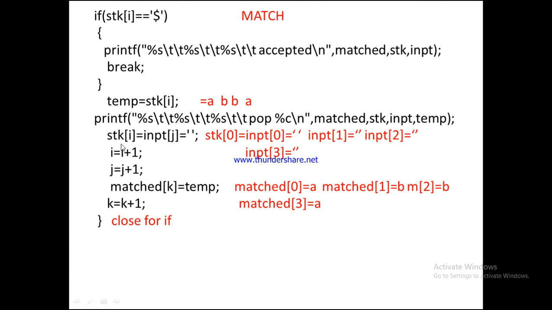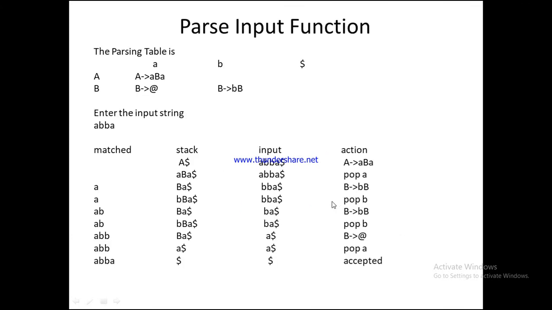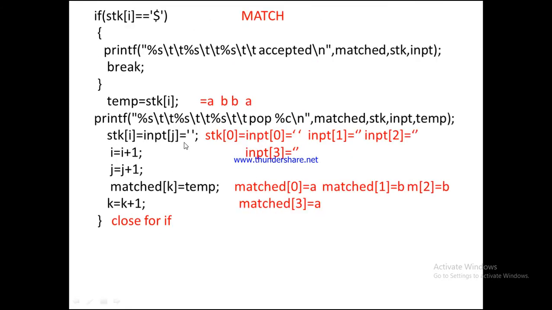Once it is printed, what do we need to do? Once that is matched and popped out, in the next iteration this should be null. This B should not appear. So that's why I will make stack of 0 and input of 1 null.